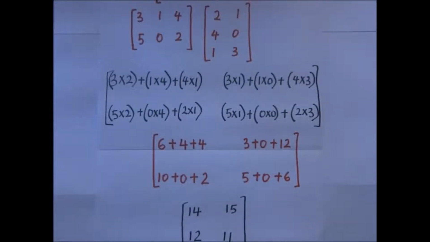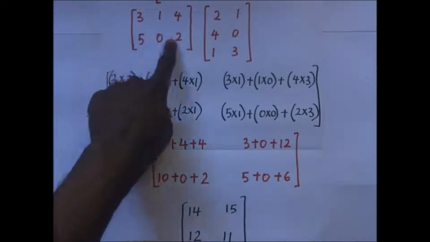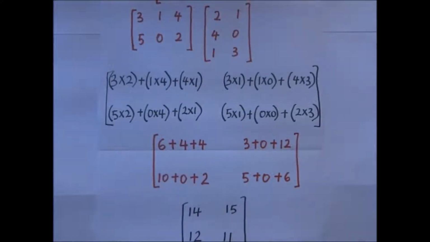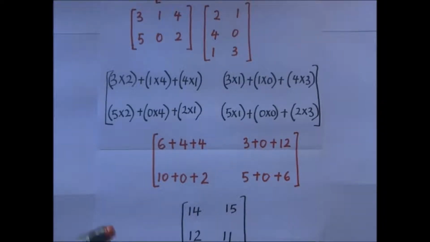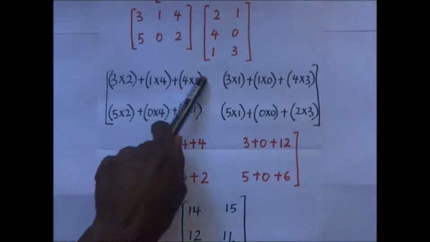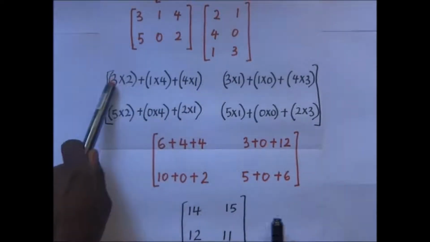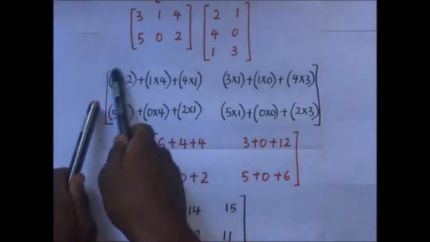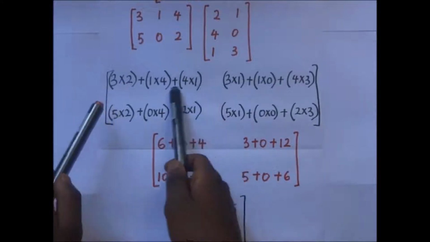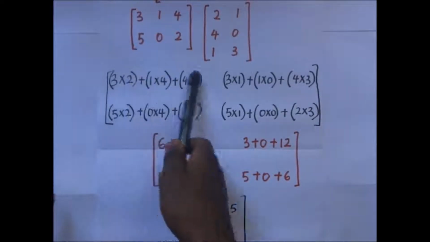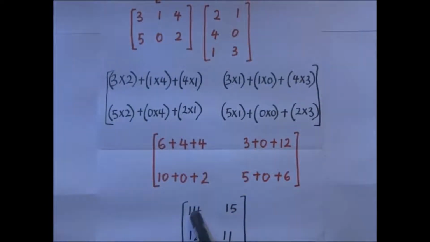Looking at this example, we are being required to multiply this matrix by that matrix. So using our earlier illustration, we are supposed to be multiplying a row by a column. And in this case, we shall follow through this working closely. If you look at this first step here, this figure is what is giving us this answer.